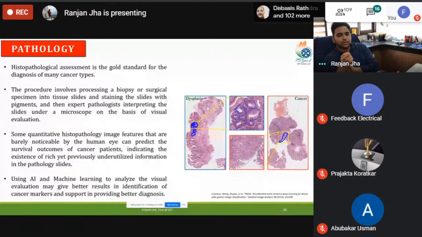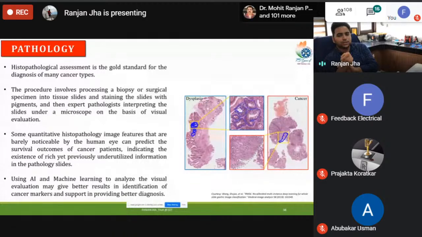So experts have made a protocol, a set of procedures which is used to train the AI, and the system captures the images of the slides and automatically predicts.